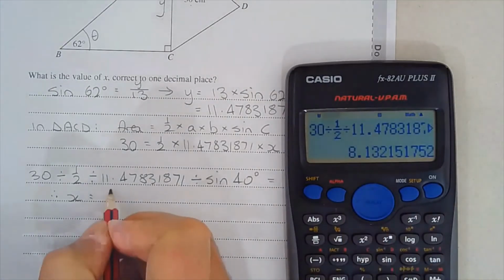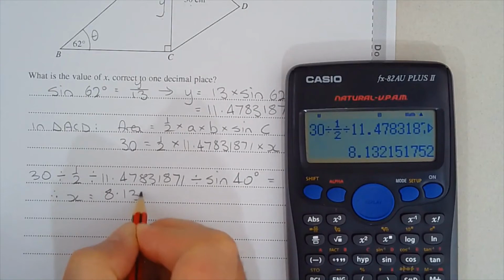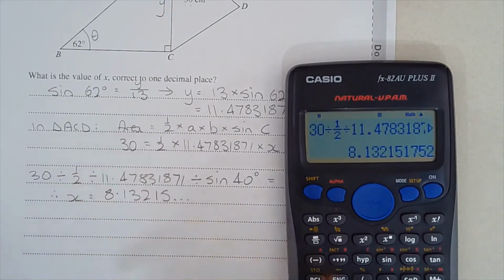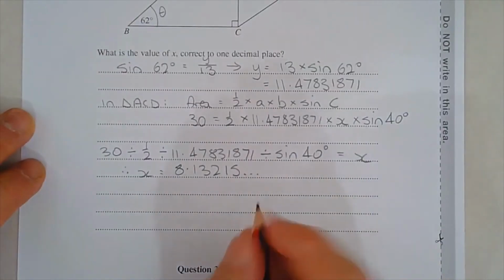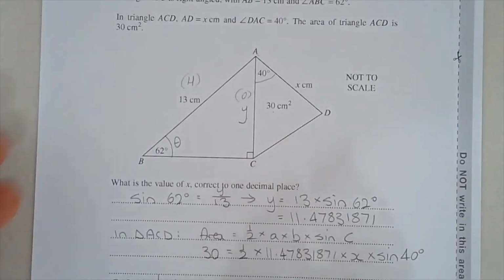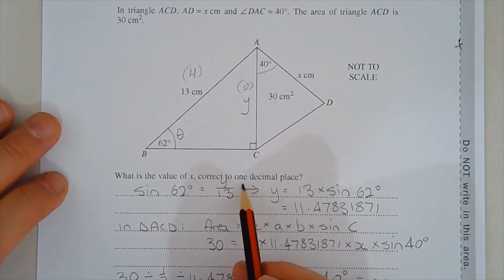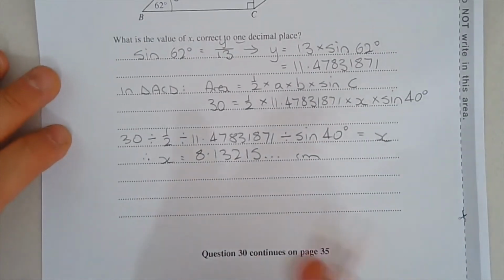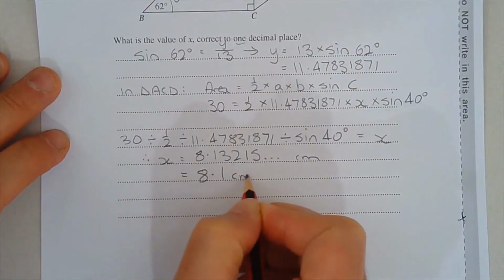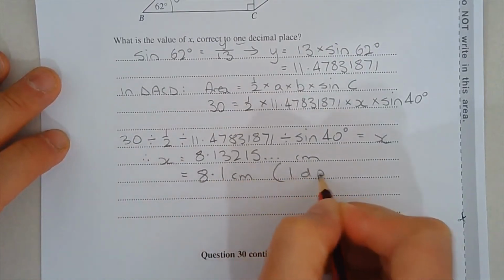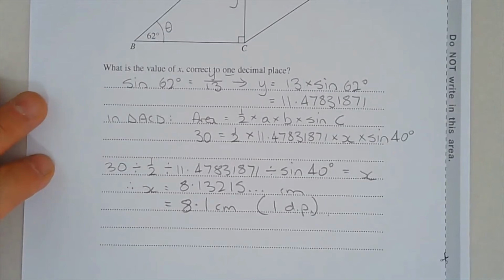And we get 8.13215. We don't need that many decimal places because we're practically at the final answer now. That's centimeters. We need to round it to 1 decimal place. So that's equal to 8.1 centimeters, correct to 1 decimal place.